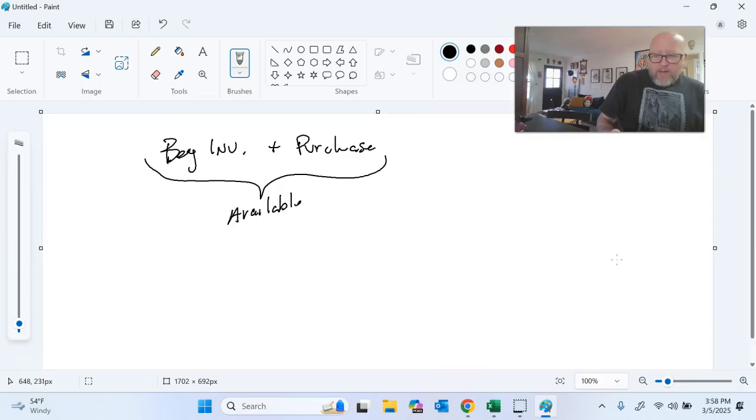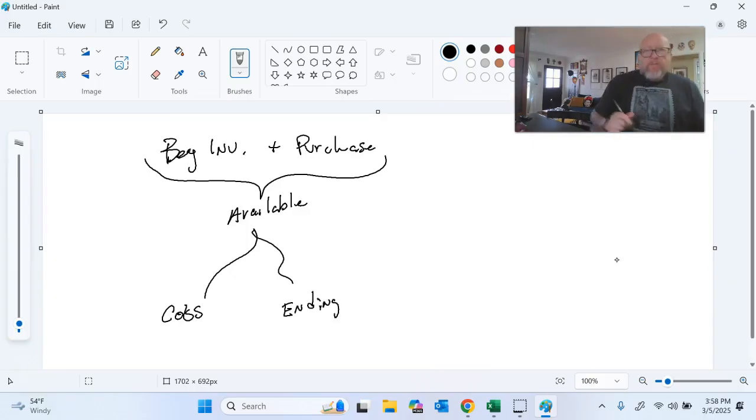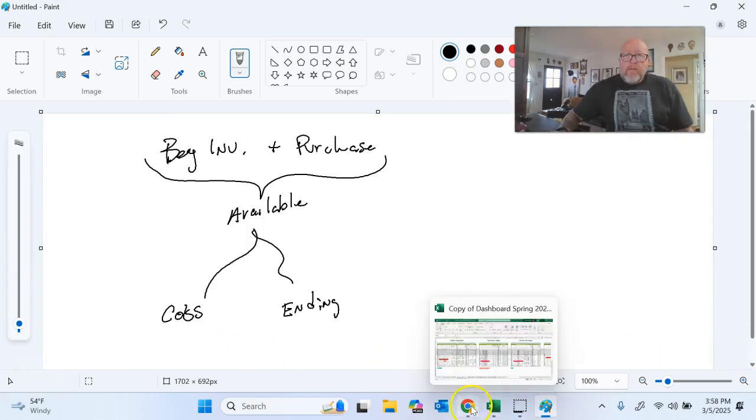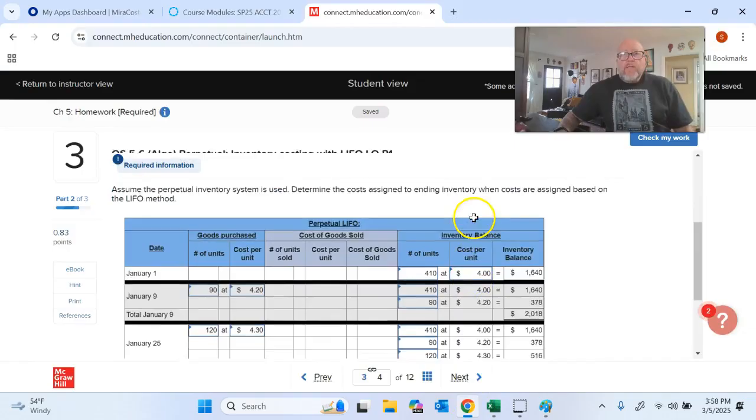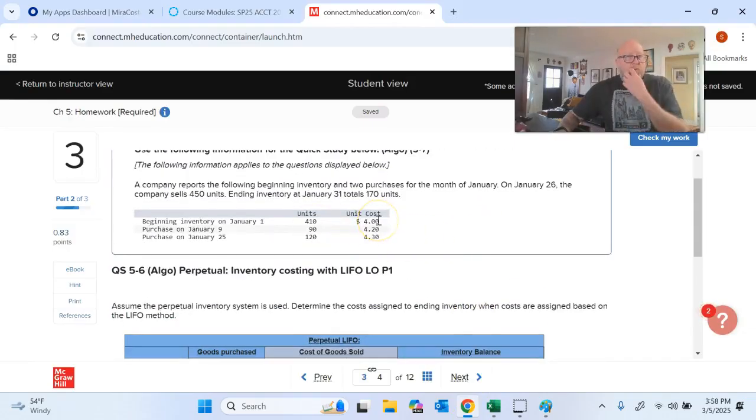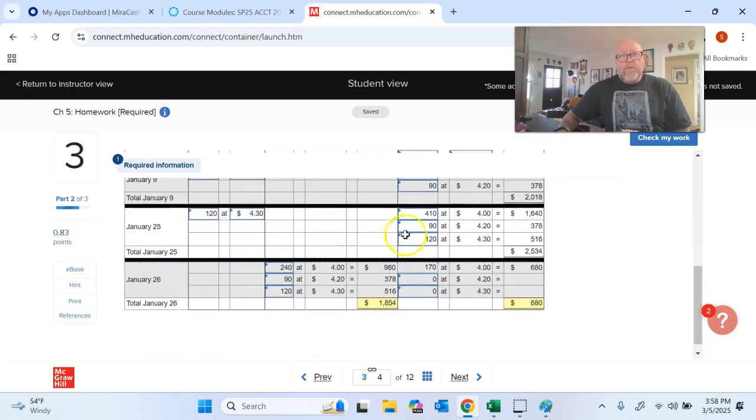And everything that we have available to us is either going to go into cost of goods sold, or it will be in ending inventory. So if I go back to the question, I believe we had 410 units at $4 a piece. Then we purchased 90 units for $4.20, and then another 120 for $4.30. This is everything we had available to us. This is beginning plus the two purchases.